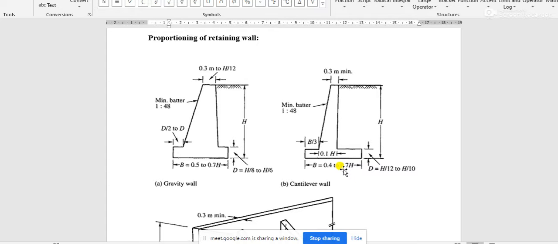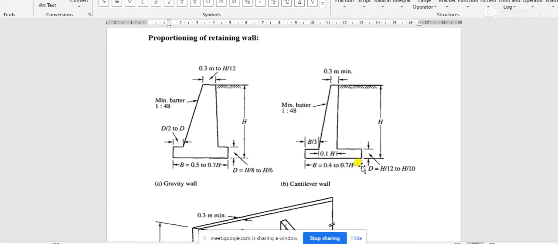If the height of the retaining wall required for this kind of backfill soil is 10 meter, then the base slab width for a cantilever retaining wall should be 4 meter to 7 meter. But obviously you have to take a specific value, so you may take it as 5 meter or 6 meter.